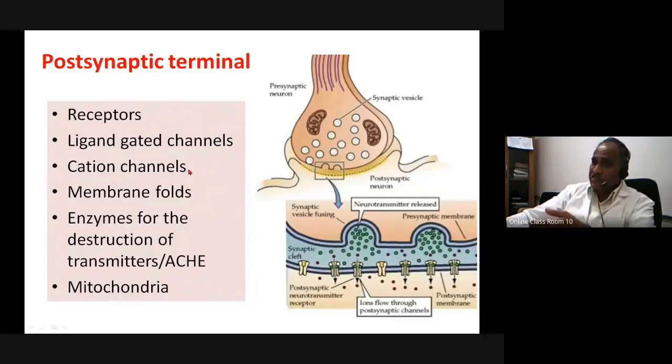Then there should be cation channels, because they have to produce cation or anion flow for producing the depolarization or hyperpolarization.